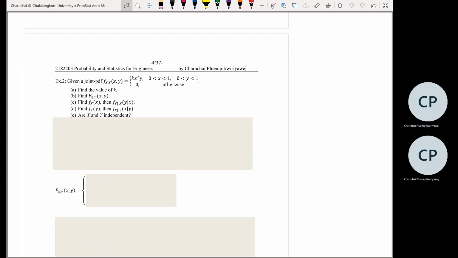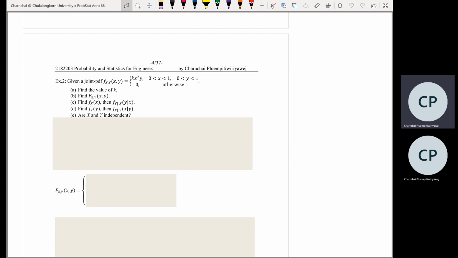Today we'll talk about continuous joint distribution. It's similar, except you change the sums into integrals. The same concepts, except changing the sum into the integral.